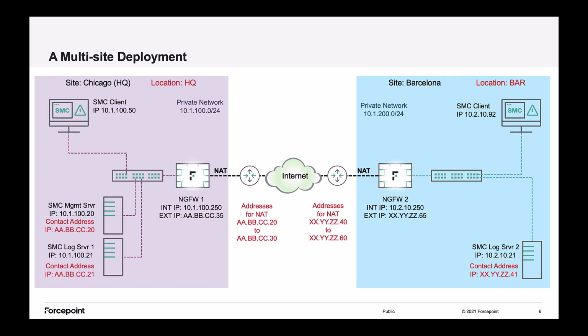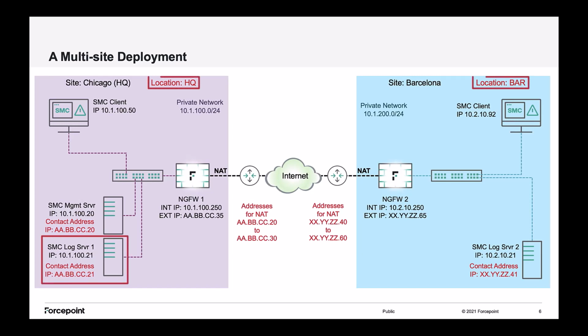It works similarly in the reverse direction. If an administrator is using the SMC client from Barcelona, it will already be set to use the contact address for the management server in Chicago. But when the SMC client is used to view log data, it will also need to communicate with the Chicago log server.